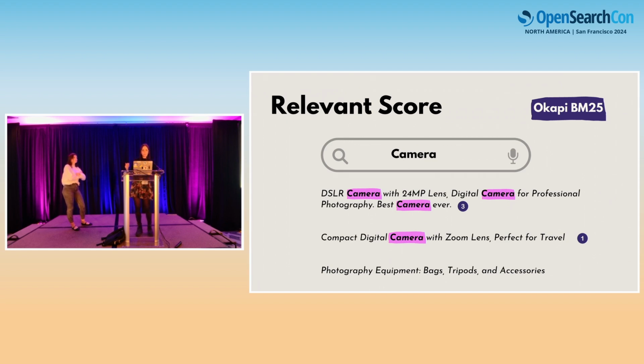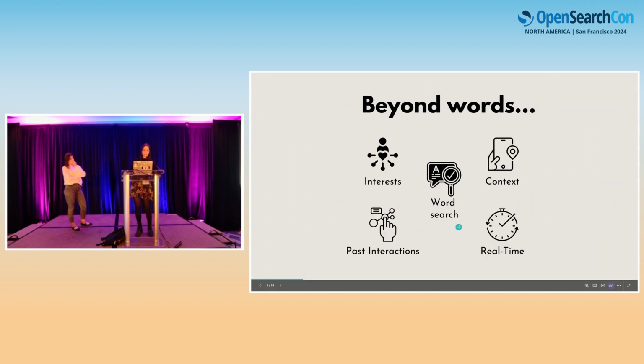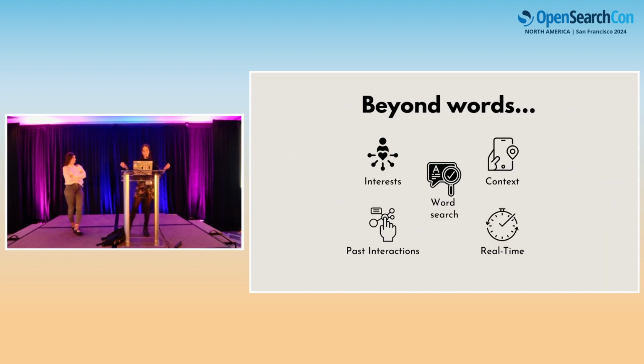So when we talk about user experience, we have to think of things that go beyond words. We have to think of what our users love to search or love to find. Also, we have to think about our past and history. So past interaction, what did you watch last week, and stuff like this are relevant here. You also have to think about context.